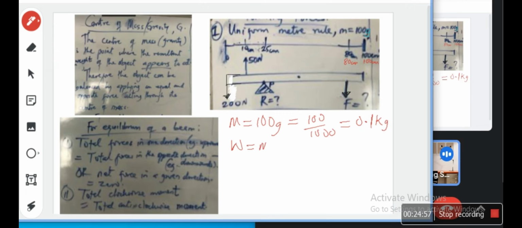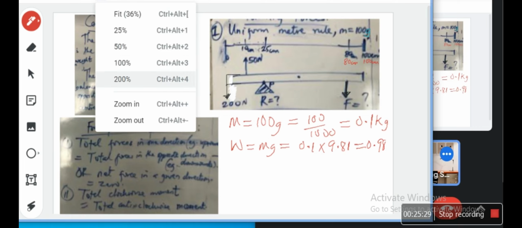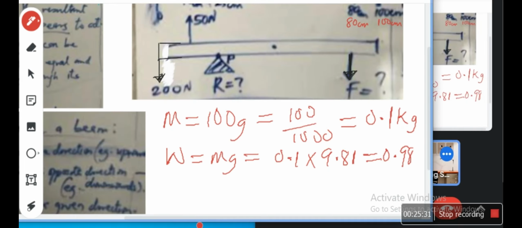You know weight is mass times g, which is 0.1 times 9.81. Do you know in physics you use 9.81 for your g? In mechanics, the approximate value is 10. But in physics, get your calculator and get me the value of 0.1 times 9.81. That should be about 0.981 Newton. Please, can you get it?